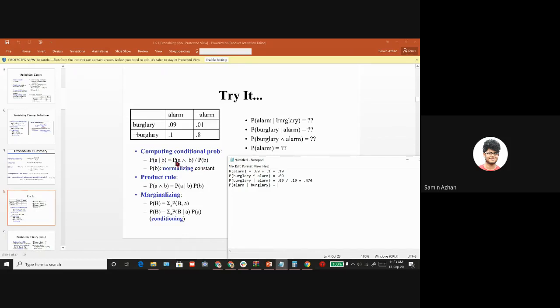So again, we look for the probability of A and B, which is again this value, alarm and burglary, 0.09. And then we have to divide it by the probability of burglary. So to calculate the probability of burglary, what do we have to do?